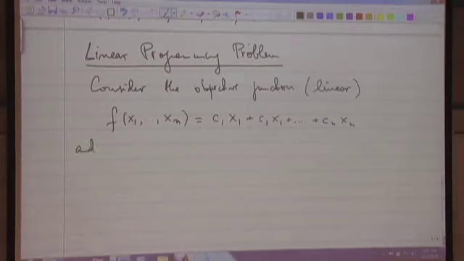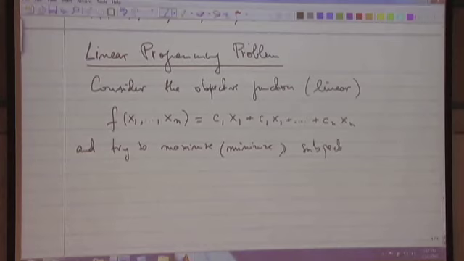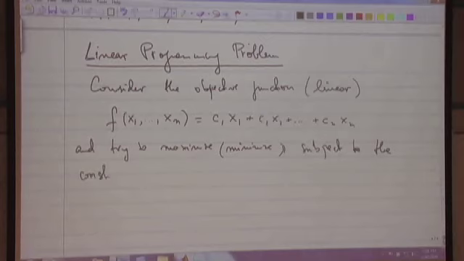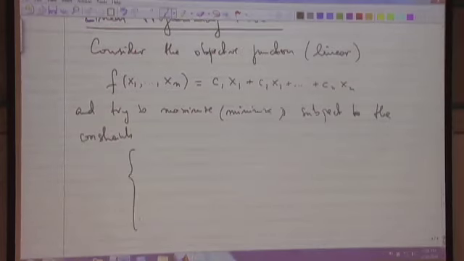And try to maximize it or minimize it subject to the constraints, and you can have any number of them.